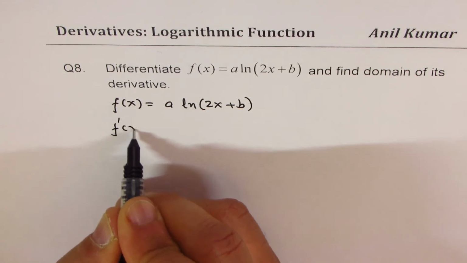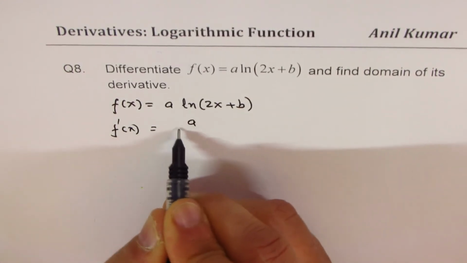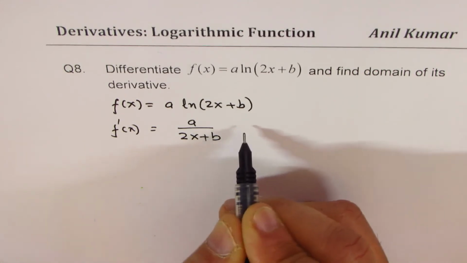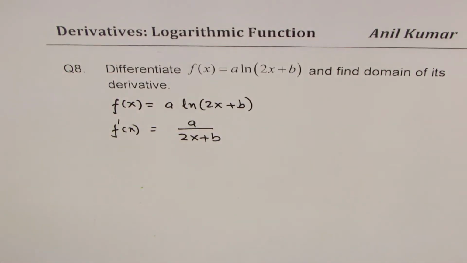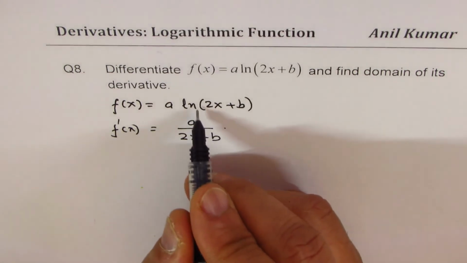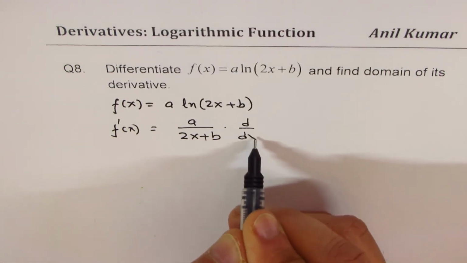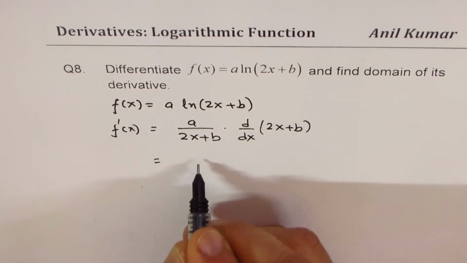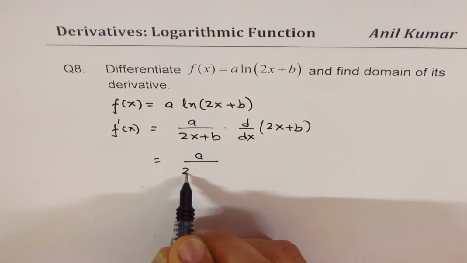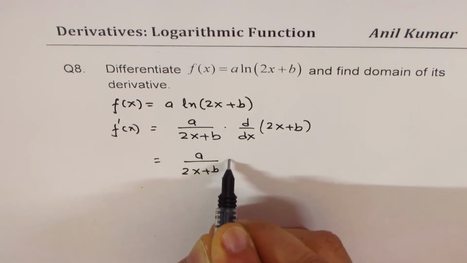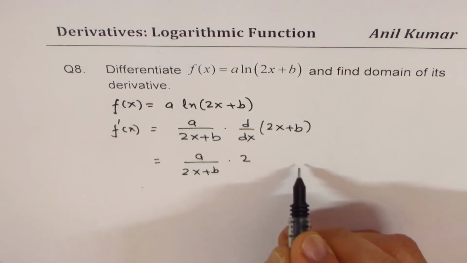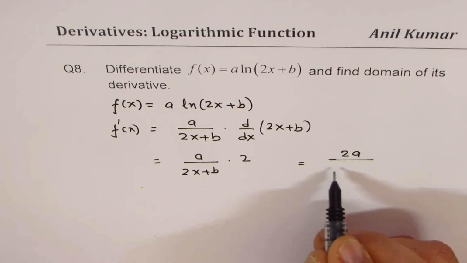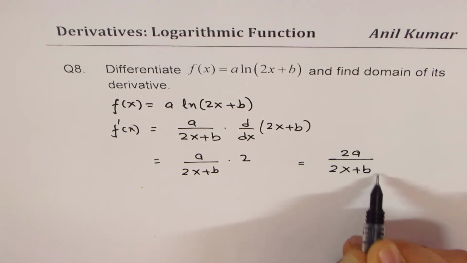The derivative of this function is a over (2x plus b) times the derivative of the inside function, d/dx of (2x plus b). So I could write this as a over (2x plus b) times 2, or we could write this as 2a over (2x plus b), right?